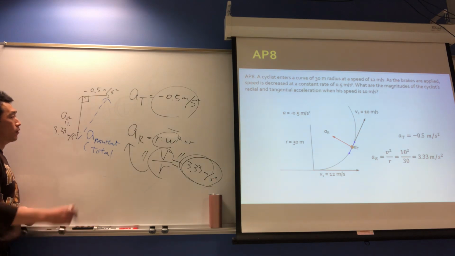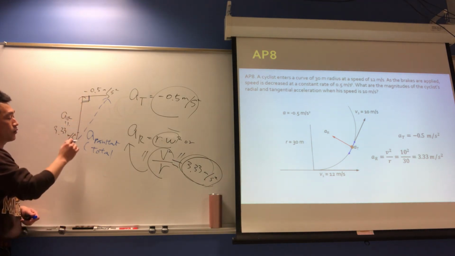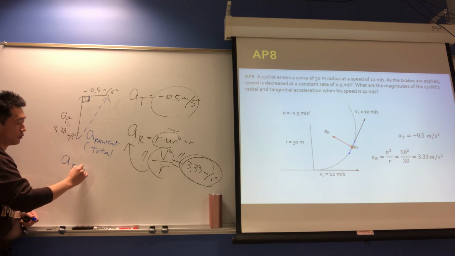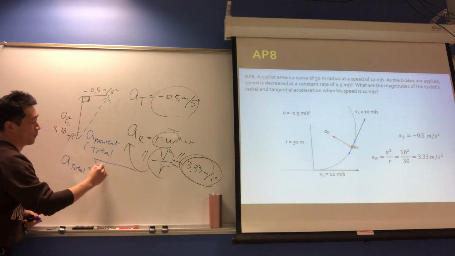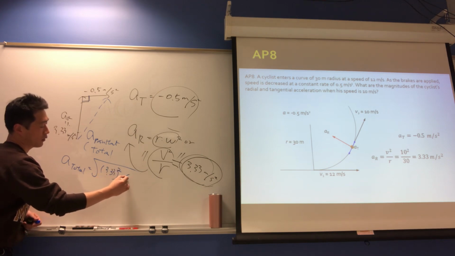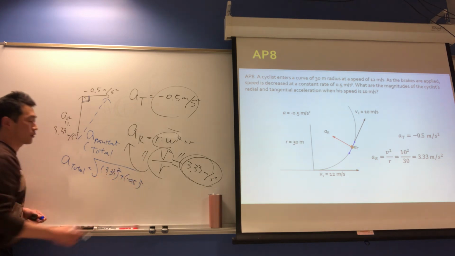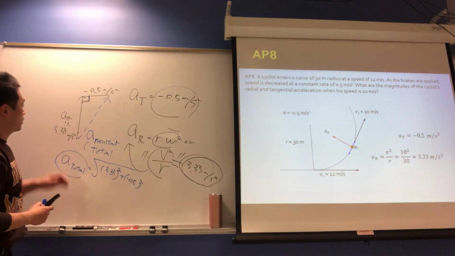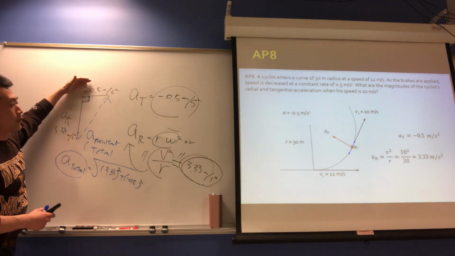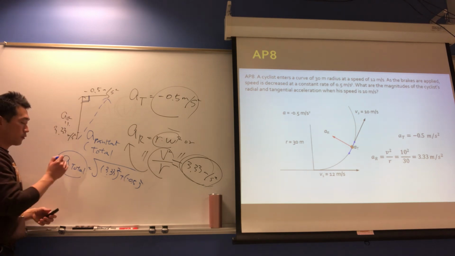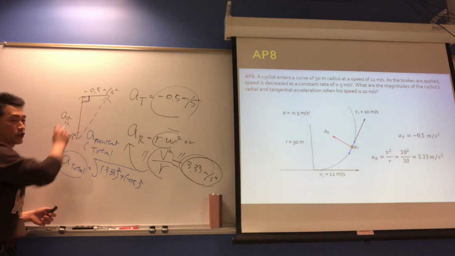The total acceleration is the square root of 3.33 squared plus negative 0.5 squared. So for the exam, once you get tangential acceleration and radial acceleration, you should be able to calculate total acceleration too, because these two are perpendicular to each other.